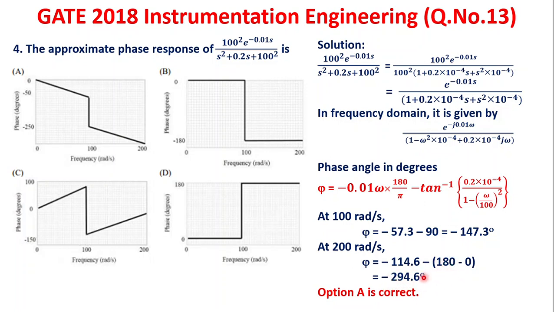Therefore, around minus 300 or 200 among these, which fits? If you see at 200, this is minus 180. At 200 it is between 0 and minus 150. At 200 it is positive, whereas this at 200 is more negative than minus 250. Therefore, option A is the only correct option.